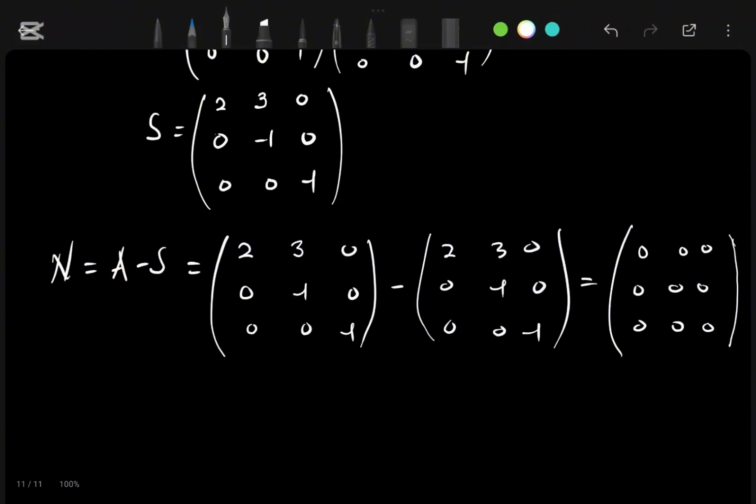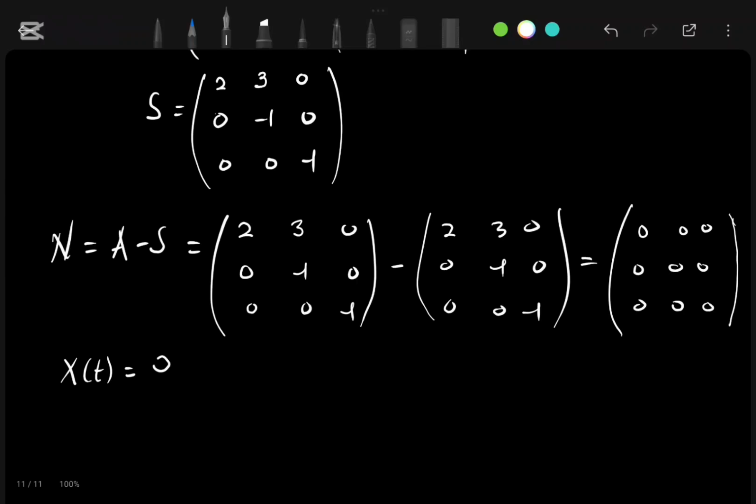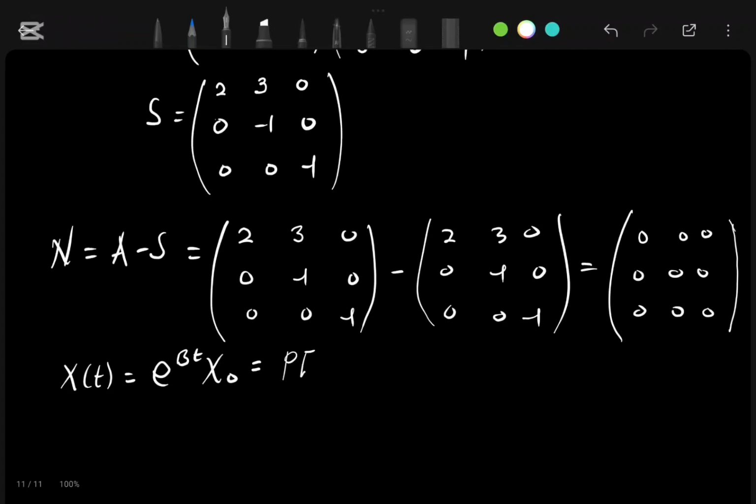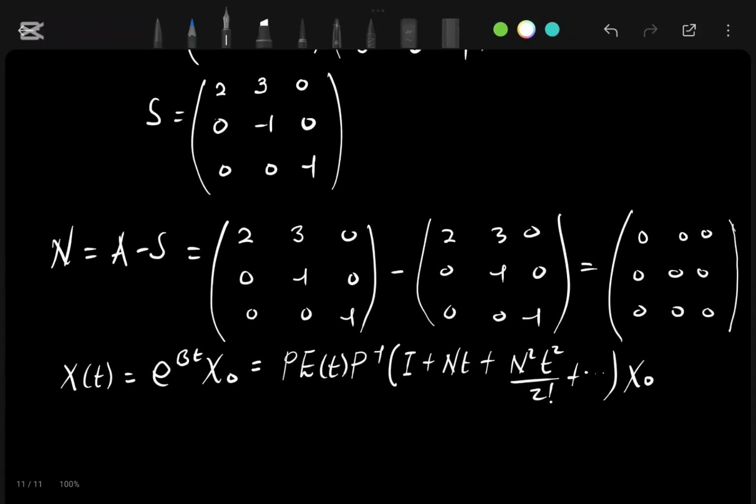Now, our solution, x of t, is given by e raised to the power A t x naught, which is expressed as P e to the Dt P inverse multiplied by I plus N t plus N squared t squared divided by 2 factorial times x naught.